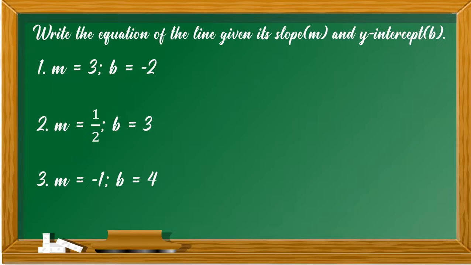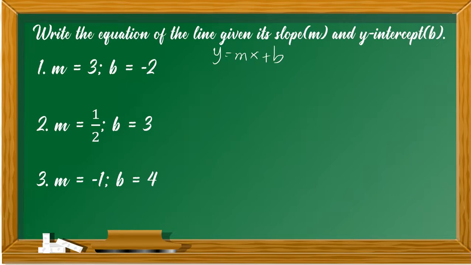Let's practice. Write the equation of the line given its slope m and y-intercept b. For number 1, m is 3, b is negative 2. So again, we use the slope-intercept form of a line, y equals mx plus b, and simply substitute the value of m and the value of b.